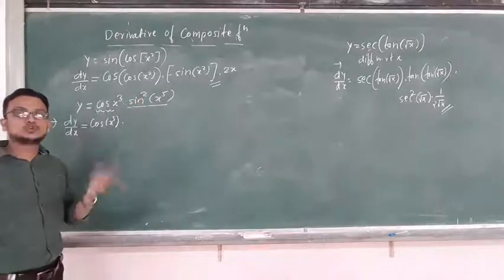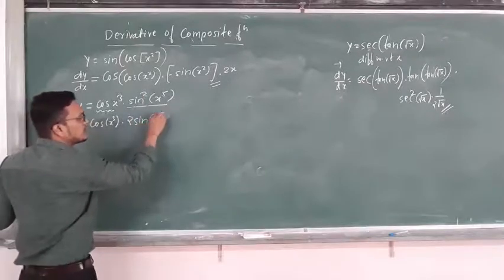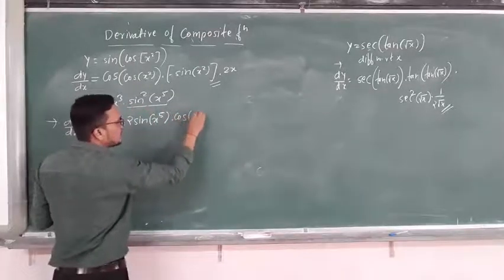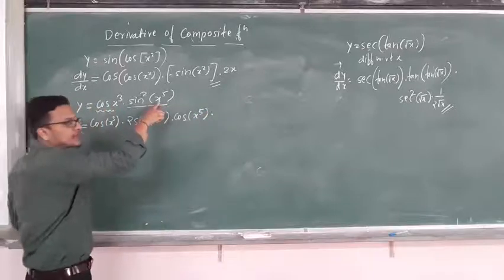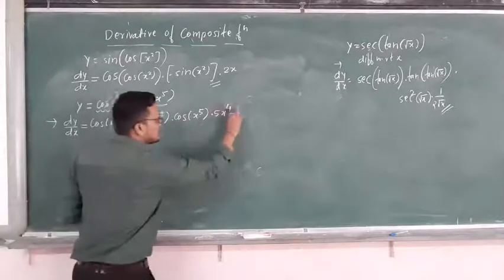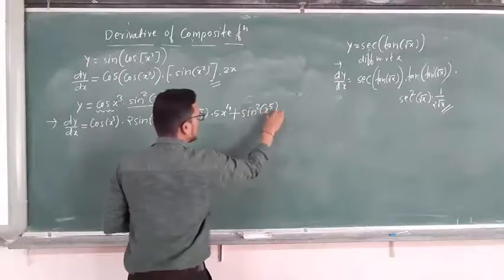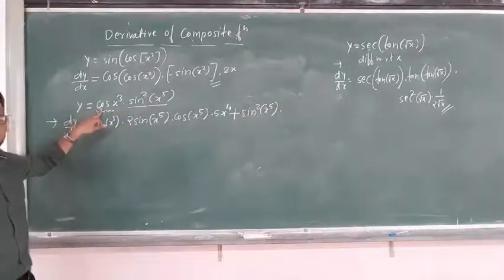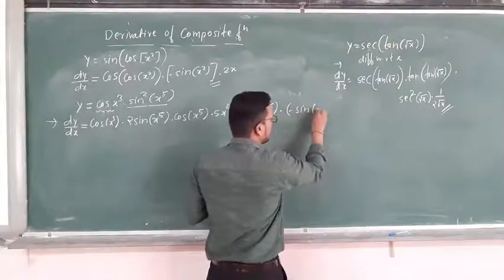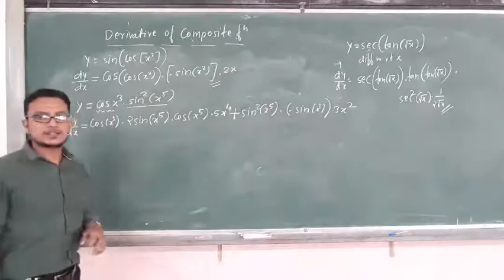The derivative of x² is 2x, like that the derivative of sin² is 2 sin(x⁵), into the derivative of sine, cos(x⁵), into the derivative of x⁵, which is 5x⁴. Plus, the second function sin²(x⁵) is constant, into the derivative of the first function, cos(x³). The derivative of cos(x³) is minus sin(x³) into 3x².